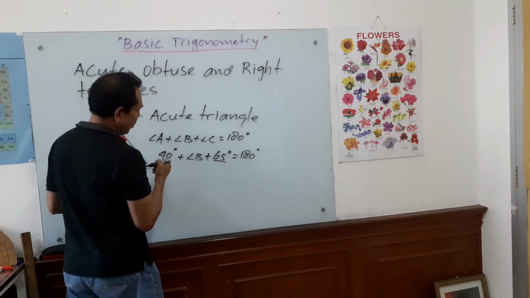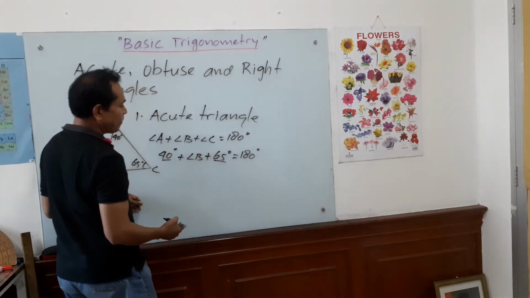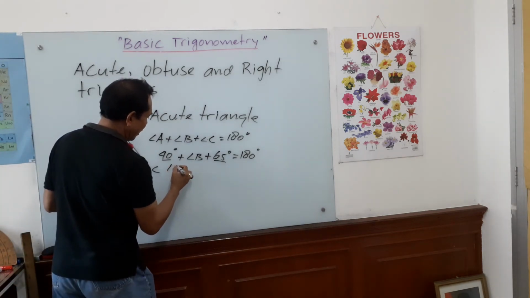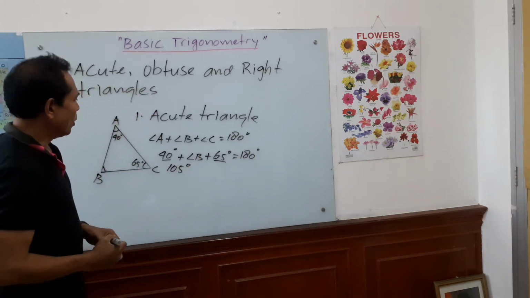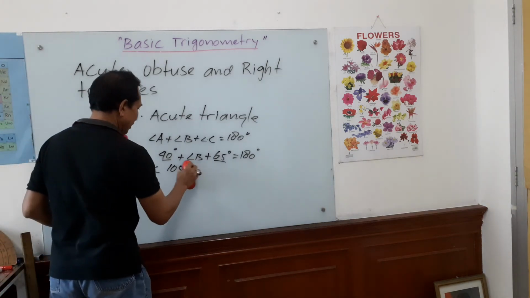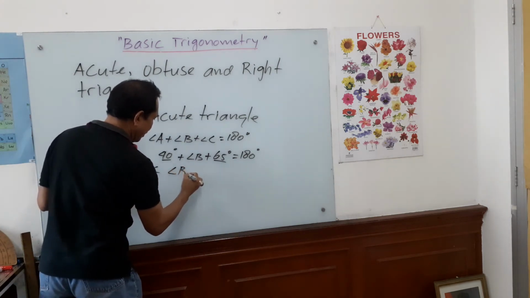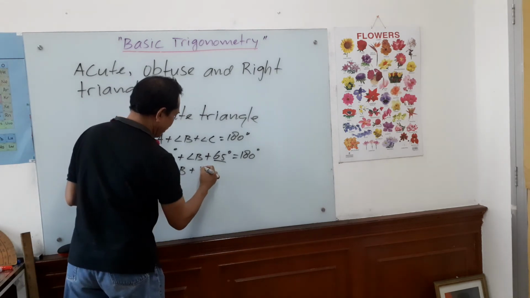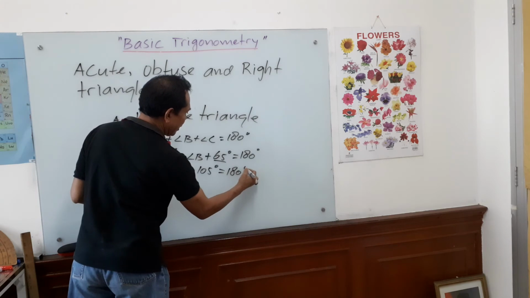So 40 plus 65 becomes 105 degrees, okay? So we can write like this. Angle B plus 105 degrees equals 180 degrees.